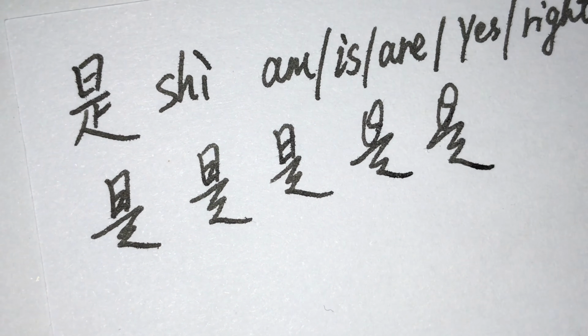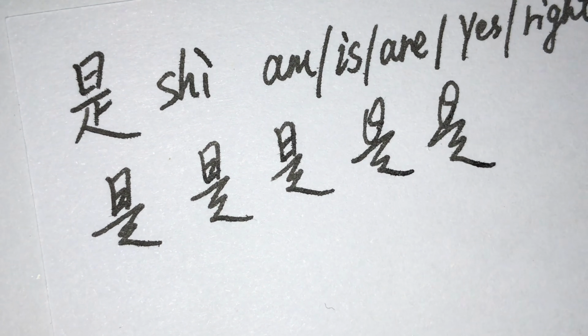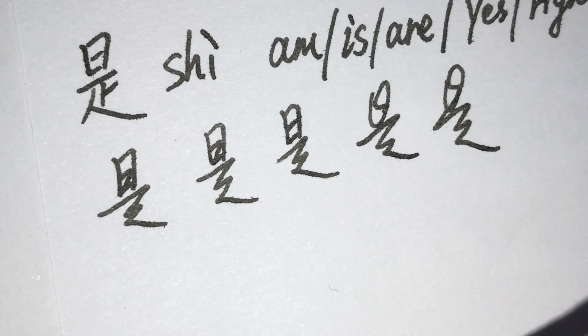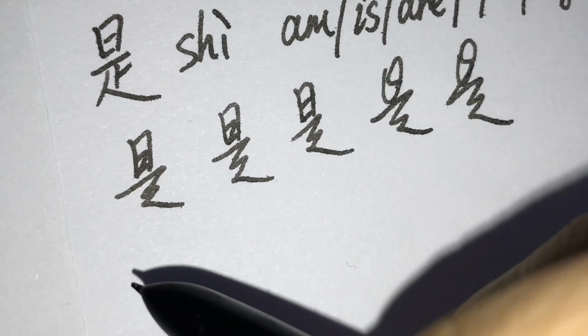Now let's see the following 5 different words and expressions with the character 是. First one, 国事.